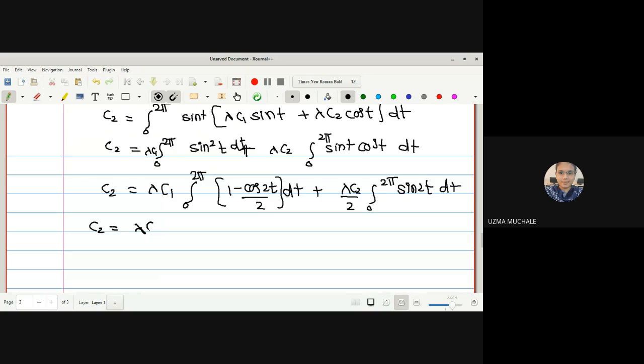Okay, now let me solve the value of the integration. Integration of 1 is t minus integration of cos is sin 2t divided by 2, plus lambda C2 divided by 2, integration of sine is minus cos 2t divided by 2, within the limit 0 to 2 pi.